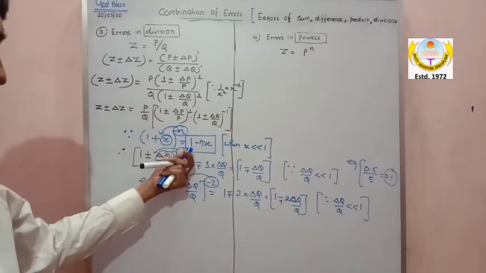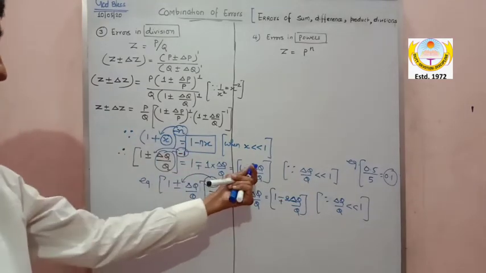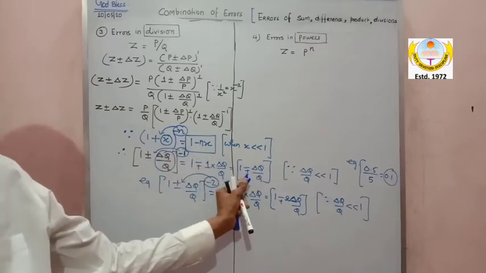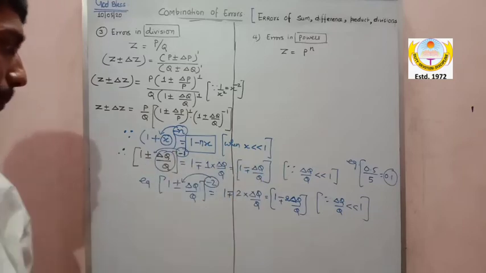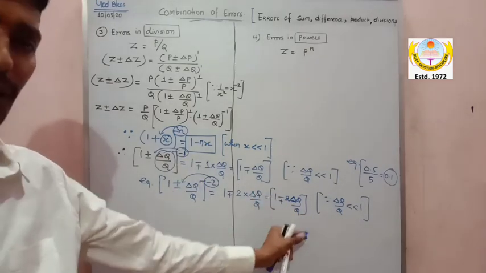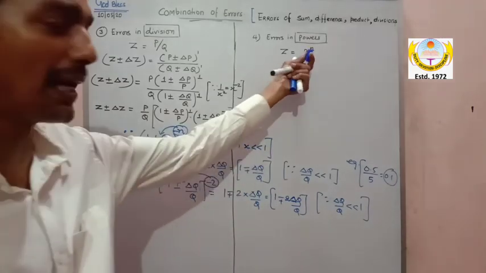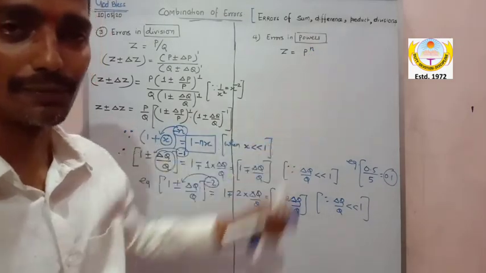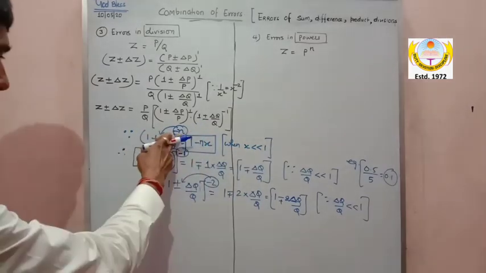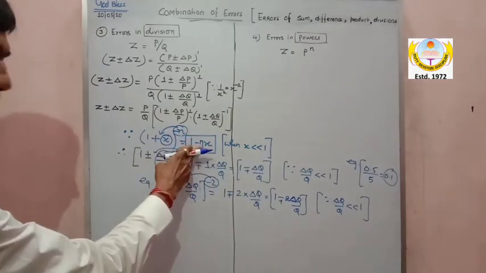But here the power is minus 1, so minus 1 gets multiplied, and the answer will be 1 minus plus delta q by q. But when the power is minus 2, the answer will be 1 minus plus 2 delta q by q, and so on. This is the same method I will use for any power. If the power is n, I multiply with n.